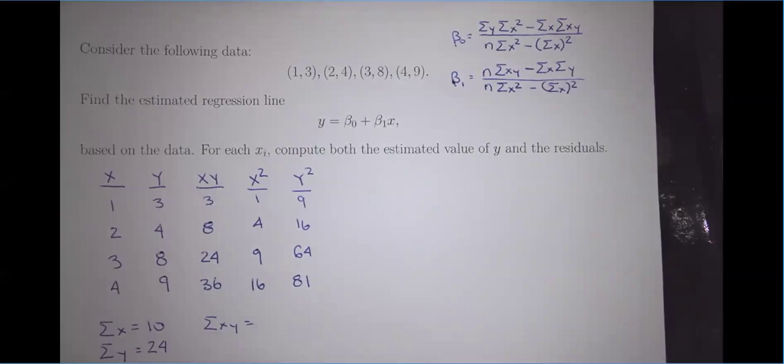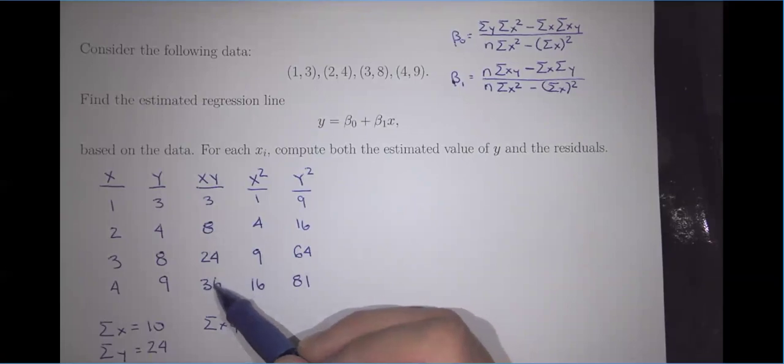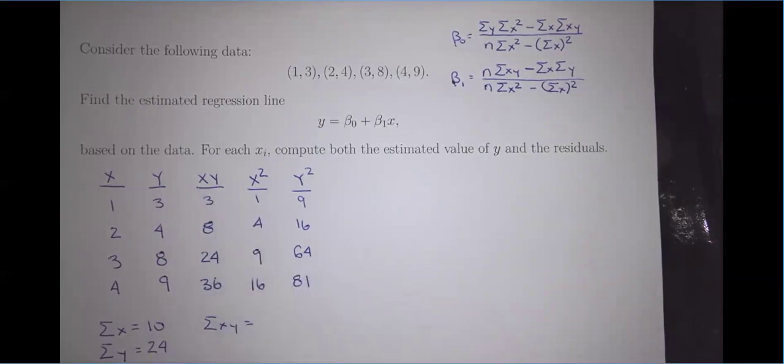Sum of my xy's, I've got 8 and 24 is 32, plus 36 is 68, plus 3 is 71.